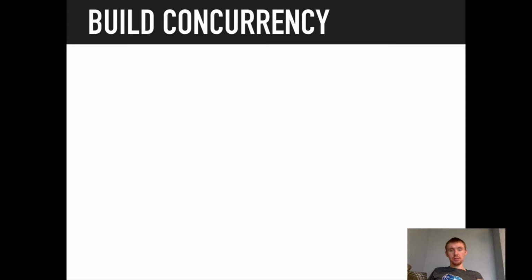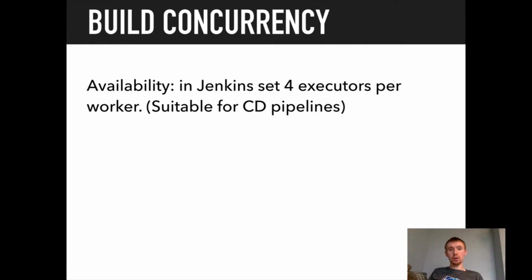Build concurrency is when you're defining how many executors are on each machine. So in Jenkins, if you set your smaller machine sizes that are more suitable for CD pipelines to 4, therefore Jenkins will schedule up to 4 jobs on your machine.